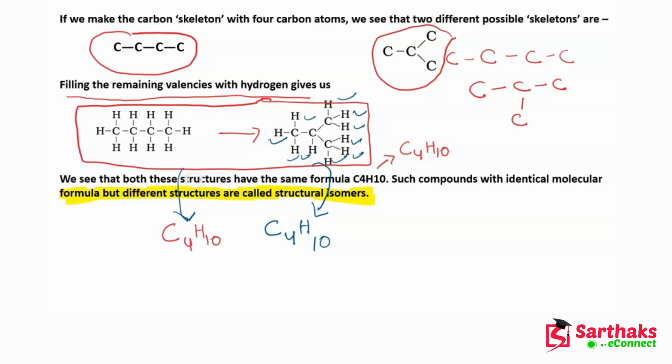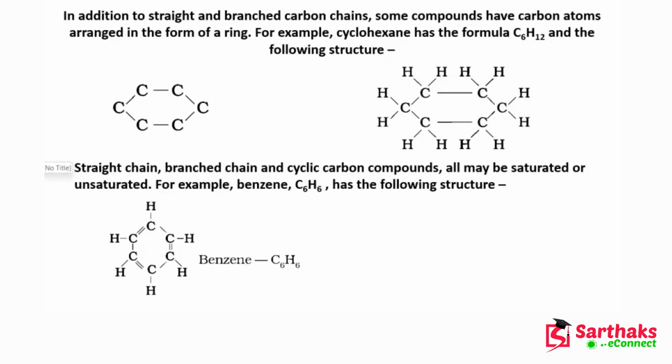Now if it is clear, let's move on to the next slide and try to understand the rings of carbon. Students, here we will talk about how, in addition to straight and branched carbon chains, some compounds have carbon atoms arranged in the form of a ring.